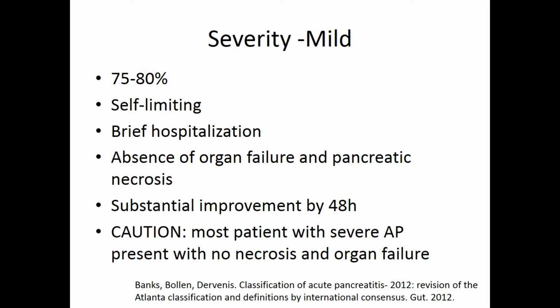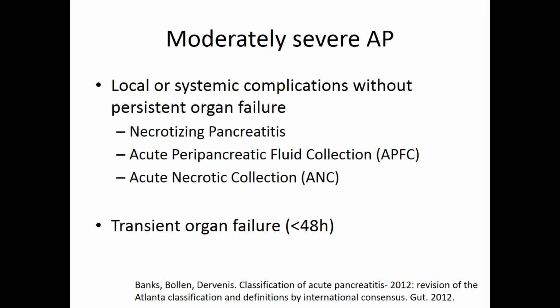And they improve significantly, substantially by 48 hours. Have to be careful though, because most patients with severe acute pancreatitis will initially present as mild cases. So you have to follow your patient closely and make sure they evolve the way you want them to.